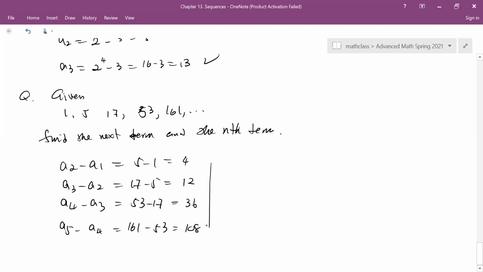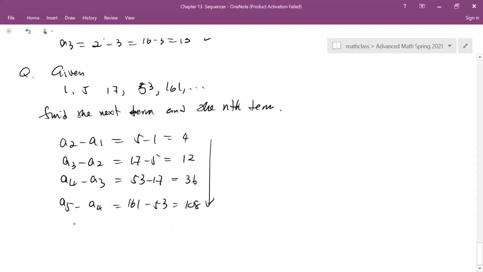So now we have to figure out the pattern. What is the next term of this new sequence? If I can figure that out, then I can figure out A6, the sixth term.